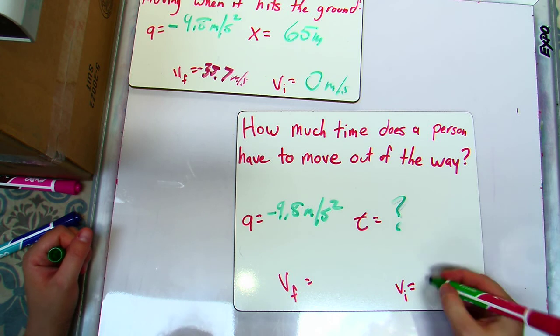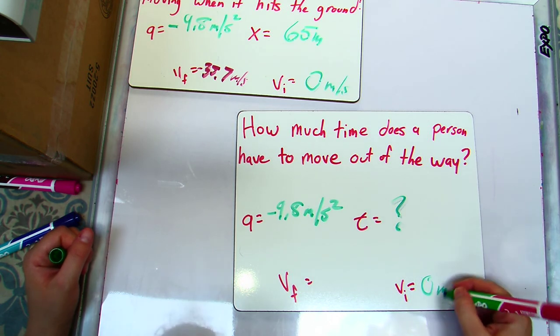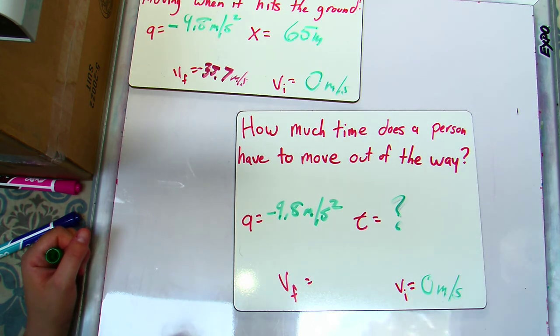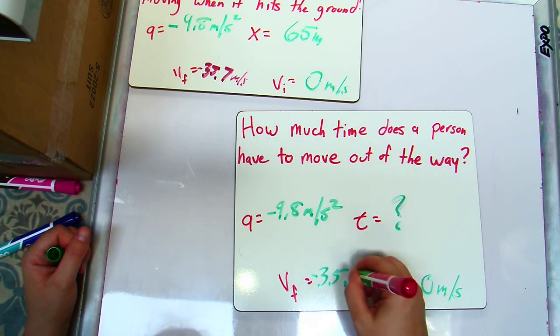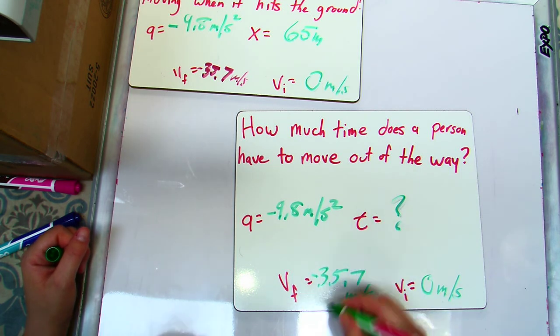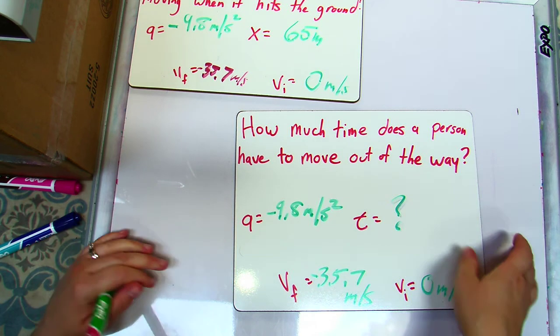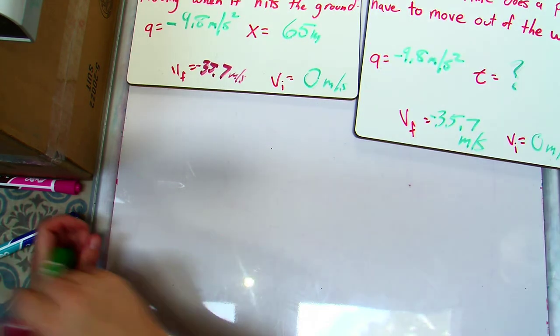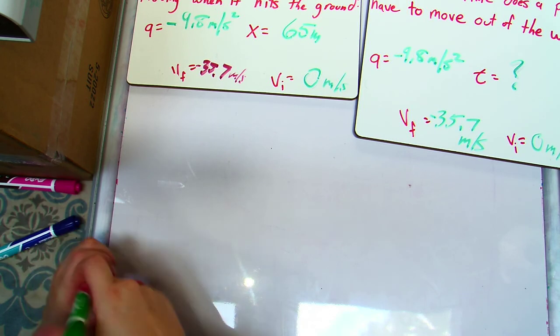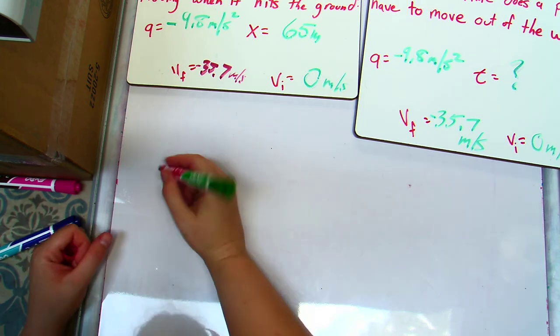It started out at rest, so 0 meters per second for the initial velocity. And we just calculated this: negative 35.7 meters per second. Now all we gotta do is take the good old acceleration equation and rearrange it to solve for time.